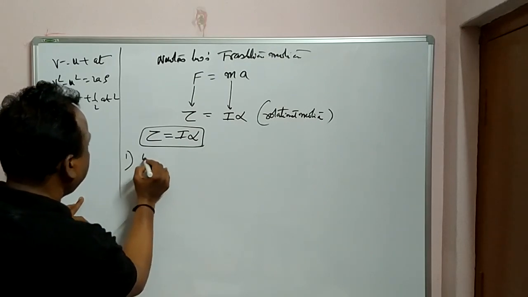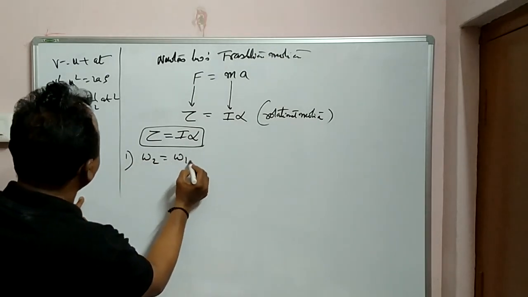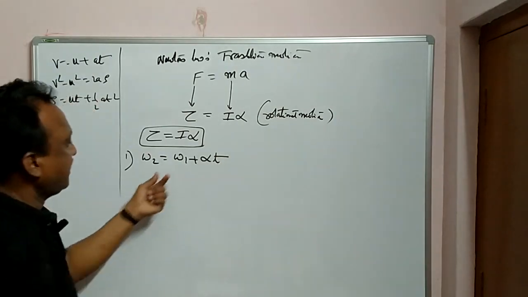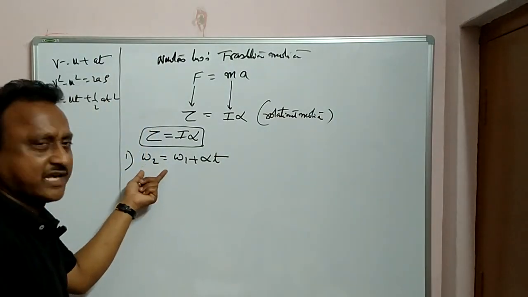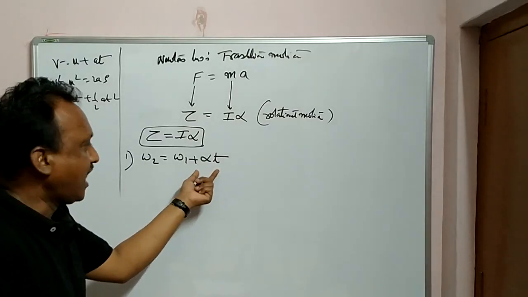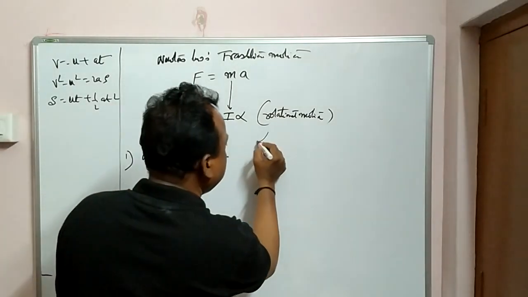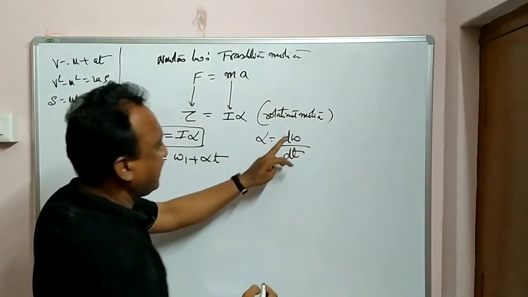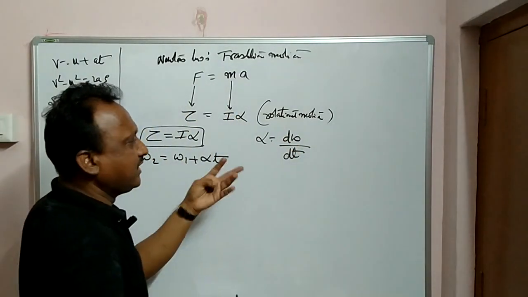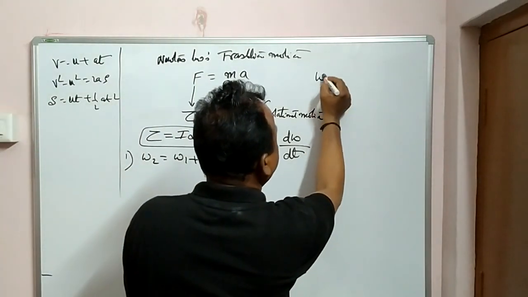First one, omega 2 is equal to omega 1 plus alpha t, where omega 1 is angular velocity initial, omega 2 angular velocity final, t time, alpha is angular acceleration. What is alpha? Rate of change of angular velocity. And what is angular velocity?